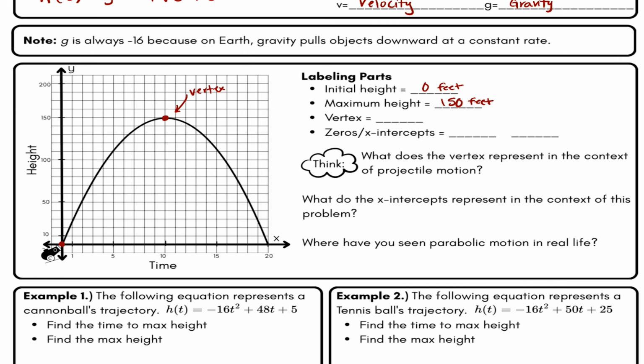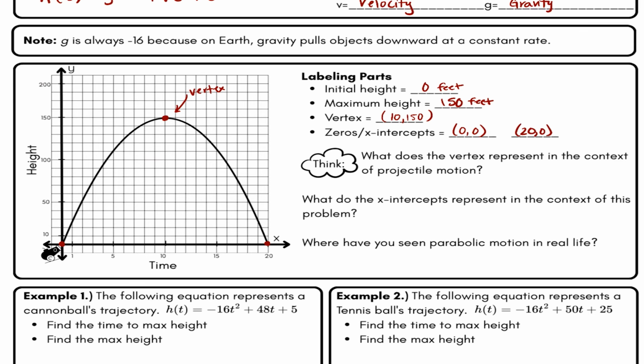So our vertex would be the coordinates x and then y, so 10 and then 150. The zeros, or x-intercepts, are, we have one at the initial launching point, so there's 0, 0, and the other one is here at 20, 0.